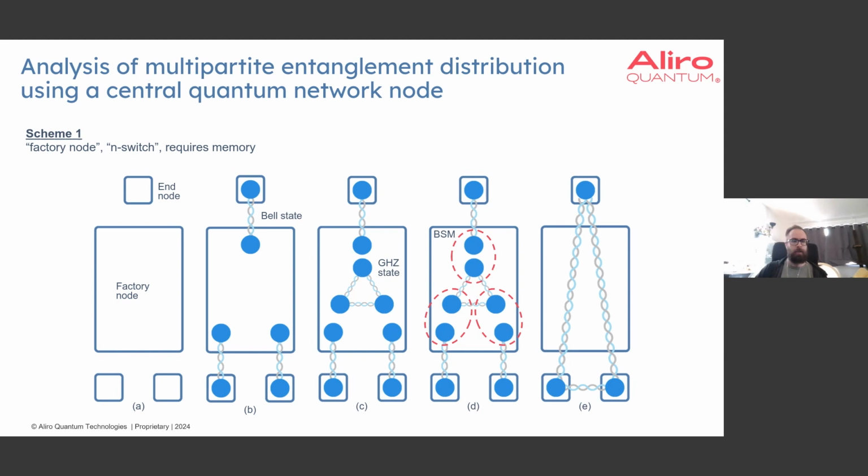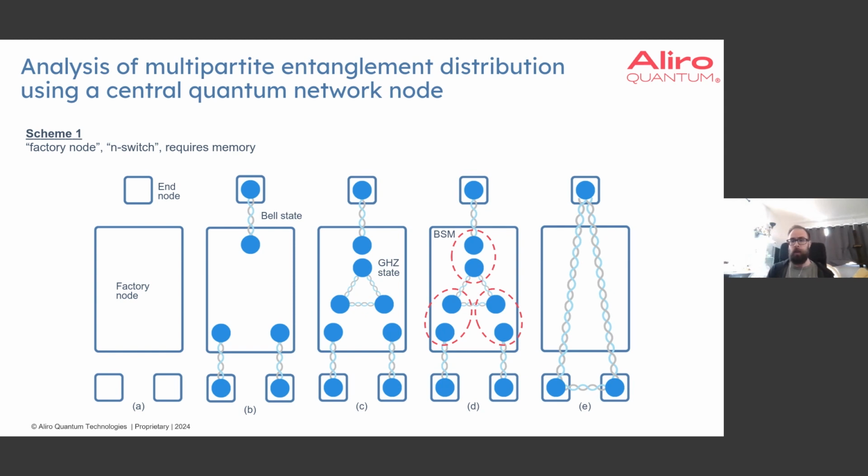Again, it requires memories. As we see in this diagram, as usual, each end node establishes a Bell state with the central node. The central node, once all of those qubits are in place and in memory waiting, is able to generate whatever state wants to be distributed. In this case, a GHZ state in this image.